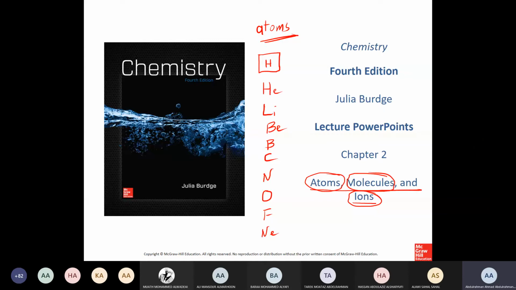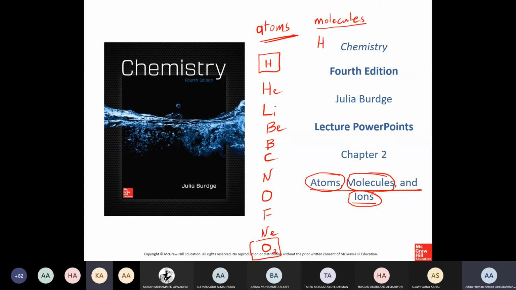What are the molecules? Two atoms or more. CO2. Not only two atoms, or more. If they are the same, they are still part of the atoms, like O2. Is this considered a molecule or an atom? Molecule. Give me examples of molecules.